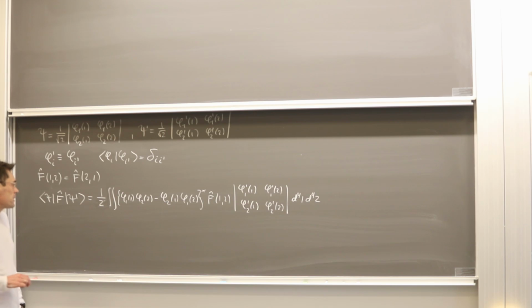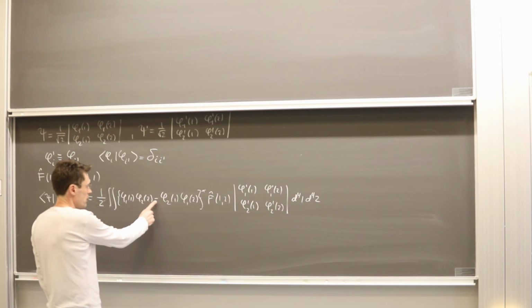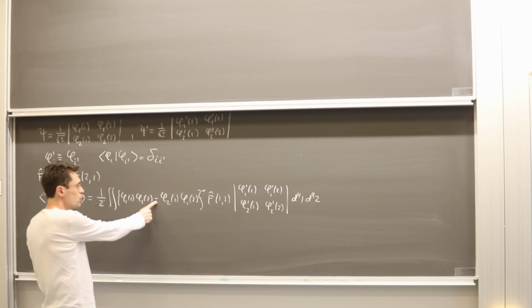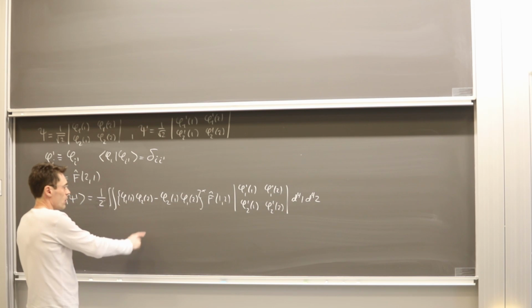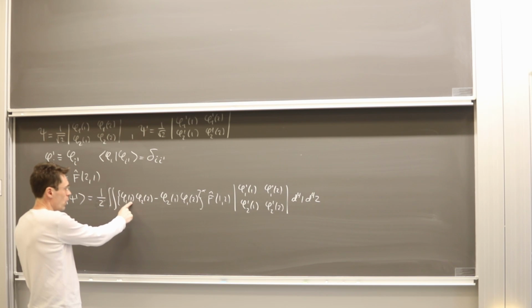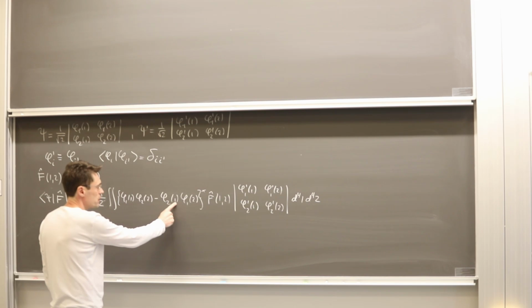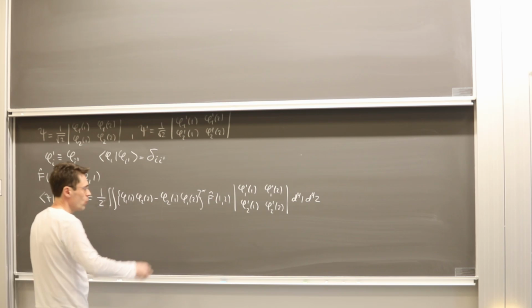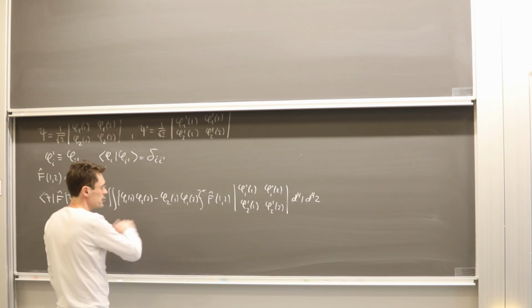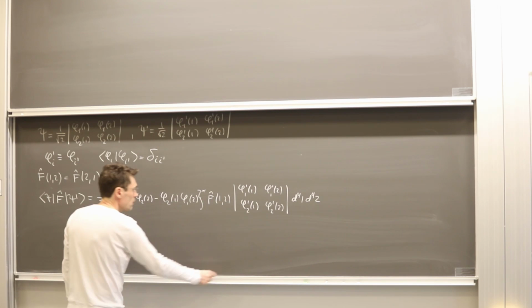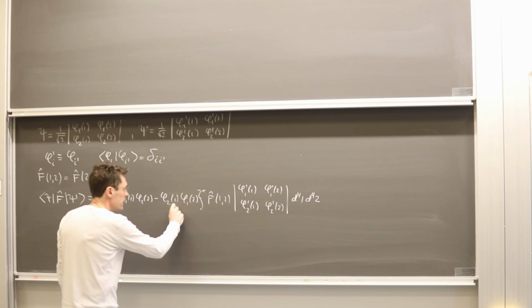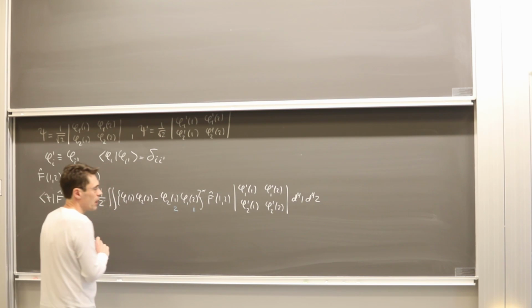Now what we see here is that, if we focus on this minus here, there are 2 terms: one with phi 1 of 1, phi 2 of 2, and then the other one where the arguments are interchanged. Since these are just integration variables, I could interchange here. I'm allowed to do that.